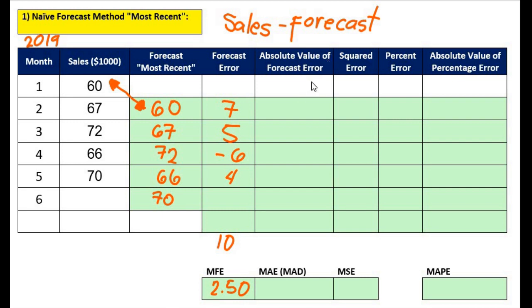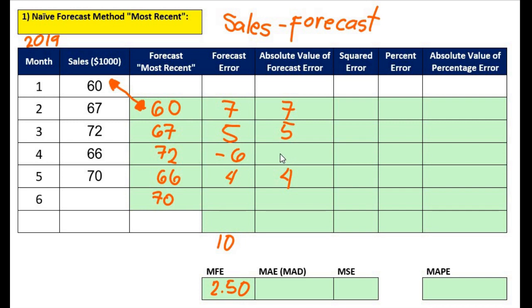Then we proceed with the absolute value of the forecast error. Since it's absolute value, we are just going to get the positive value of our forecast error column. Since 7, 5, and 4 are already positive, we will just copy the values.